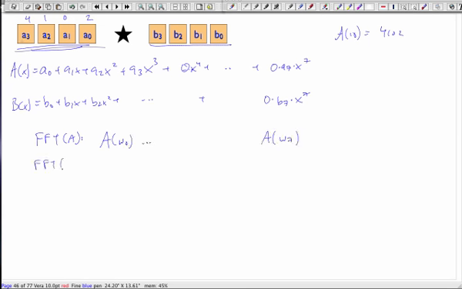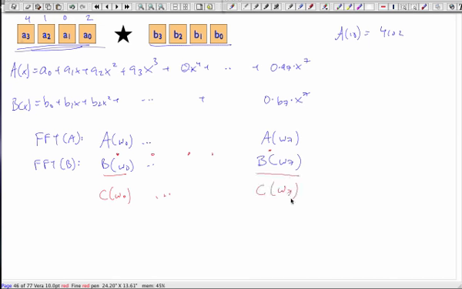I can compute the FFT of b. That'll get me b of omega 0 to b of omega 7. And now I can just multiply these together pointwise. So I will get c of omega 0, which is the multiplication of a of omega 0 and b of omega 0. And I can continue doing that until I get c of omega 7.